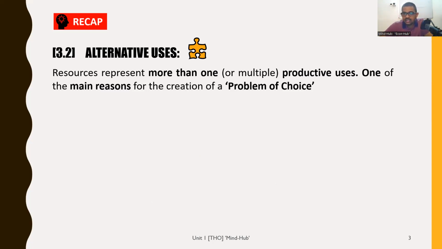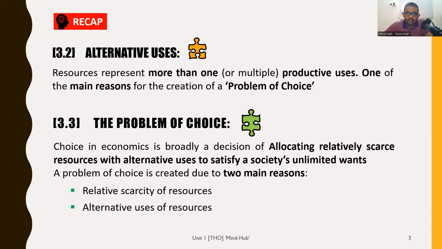Along with scarcity and alternative uses, it is what creates a problem of choice. Then last week we looked at the concept of choice as well, right, which is a result of relatively scarce resources with alternative uses. So we have covered the two reasons for choice as well there.